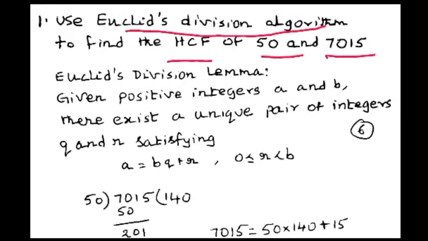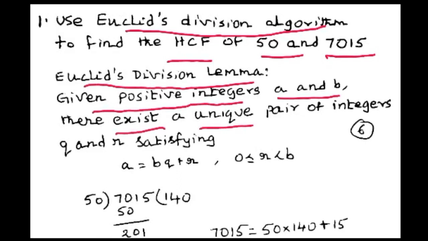Now we note down the Euclid's division lemma. Given two positive integers a and b, there exists a unique pair of integers q and r such that a equal to bq plus r and 0 less than or equal to r less than b. First, we have to note down the statement of Euclid's division lemma before solving the problem to find out the highest common factor.